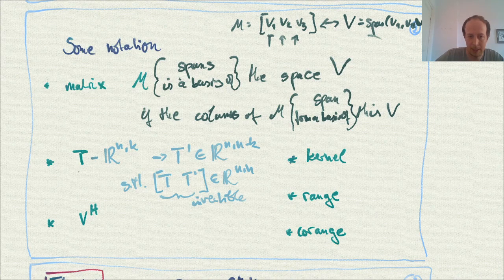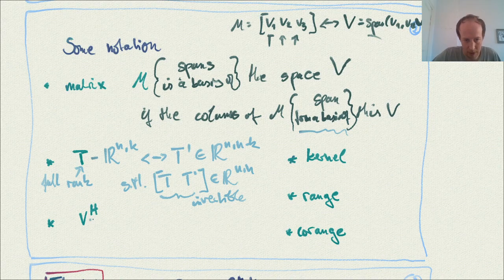This of course needs that the vectors of T have full rank, and then we can find the other n minus k vectors that are also linearly independent in R or C, of course, such that this matrix is invertible. This will then also be a basis of this space with the notation that we had up here.